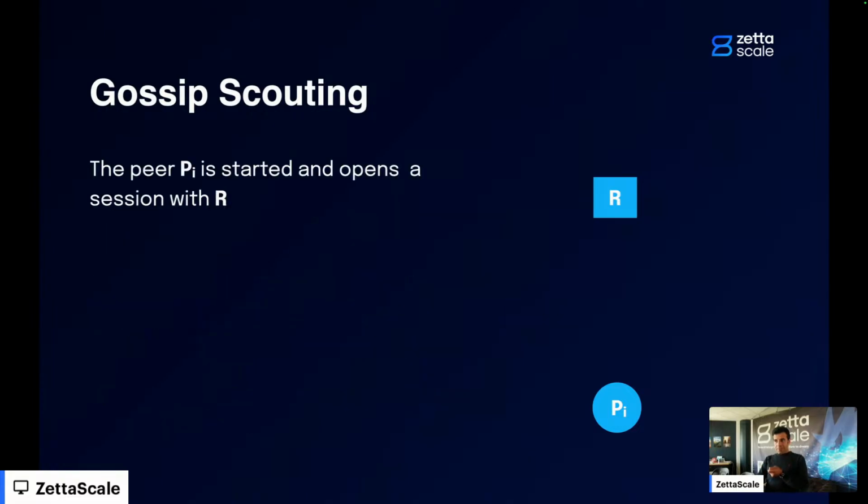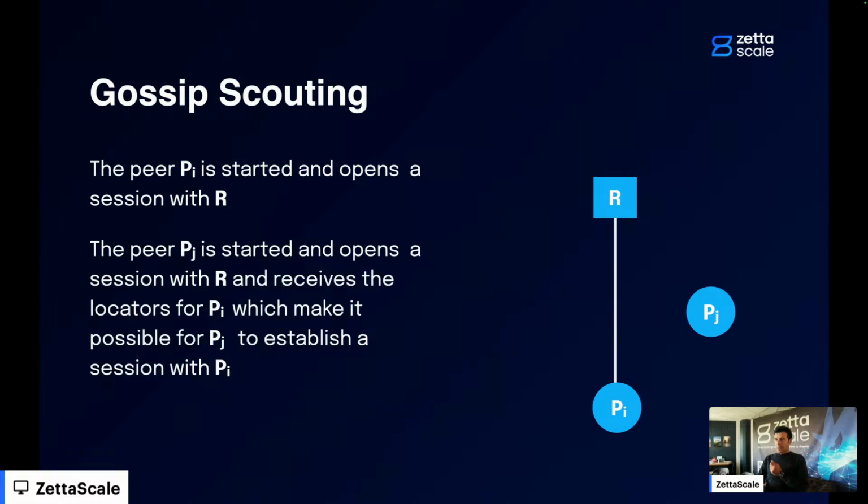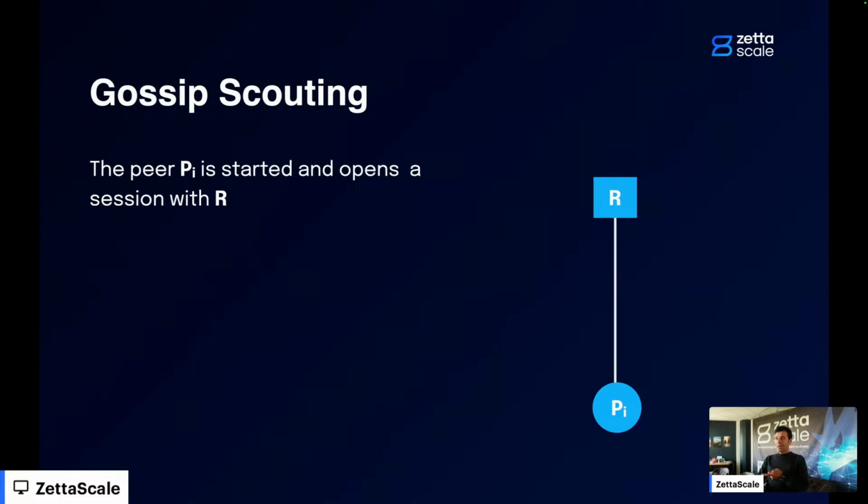When the peer PI is started, it opens a session with R. Okay, and then when the peer PJ is started, it opens a session with R and actually receives the locator for PI. Now, why didn't PI receive any locator? Well, because we assumed that before there was just R and nothing else.